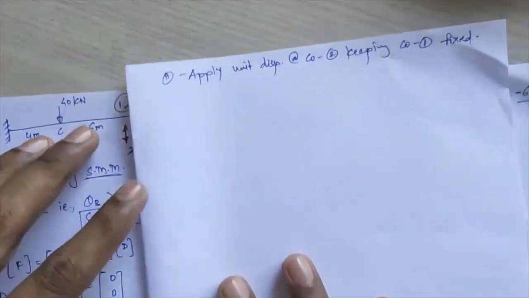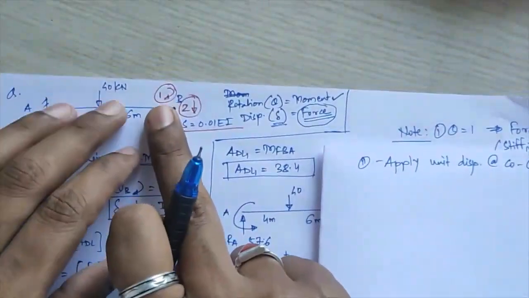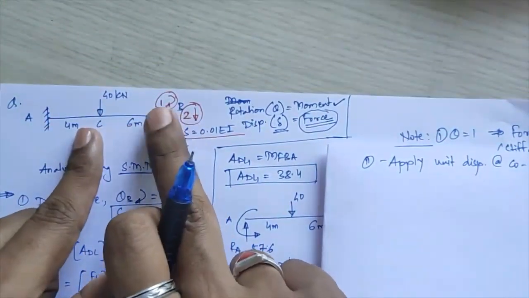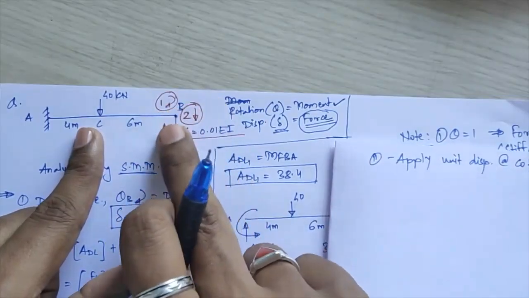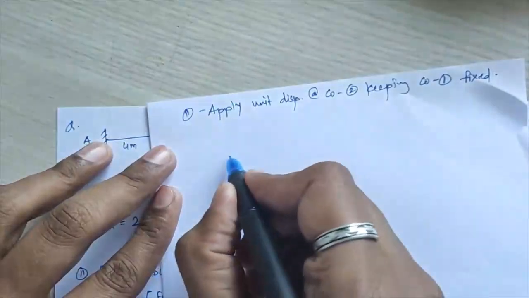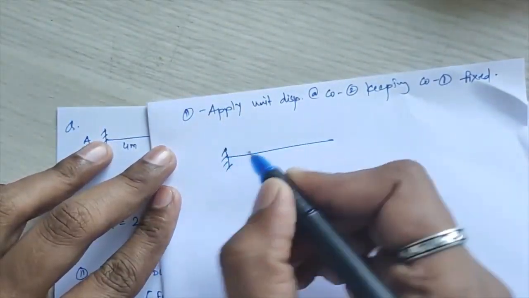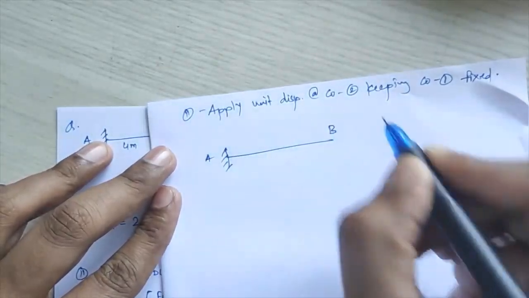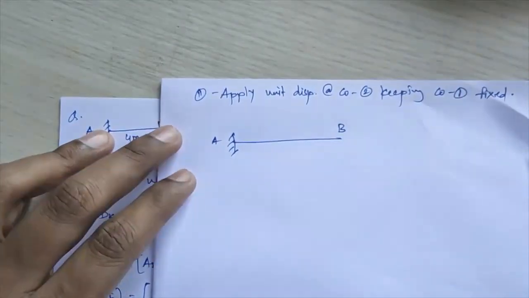Alright, keeping coordinate 1 fixed. That means now you have to fix the joint B for rotation, and here you have to allow the deflection value. So I will draw the diagram again. A is already fixed, and B will be free again for delta value, right?